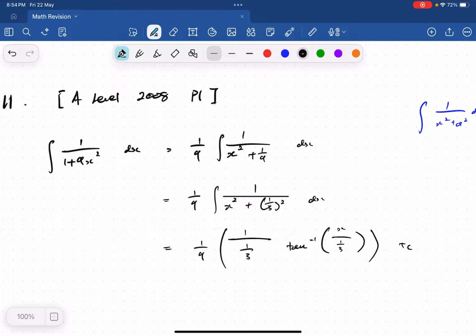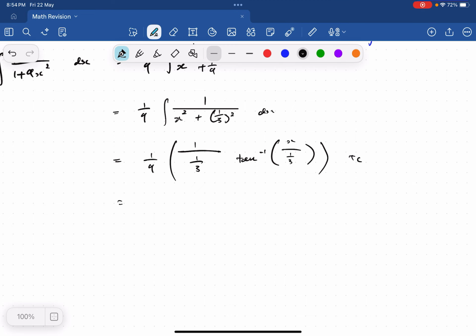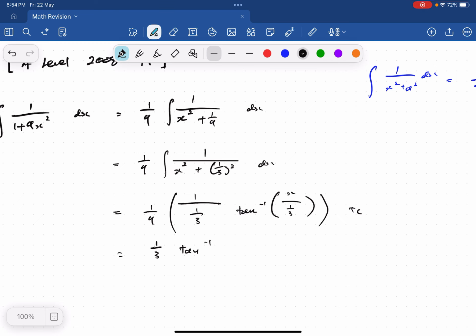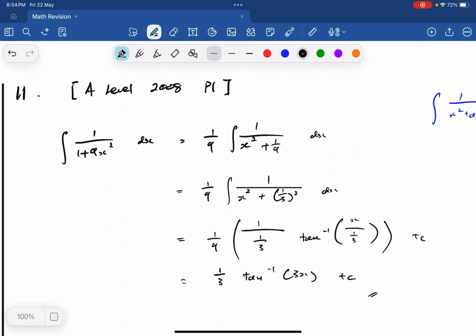And obviously, we are going to need to tidy this up. If you tidy up the coefficients, you will find that these two in front will just simplify to 1/3. And because this is x over 1/3, 1/3 is in the denominator. So this is going to be tangent inverse of 3x plus c. And that is all. So integral number 11, pretty simple.